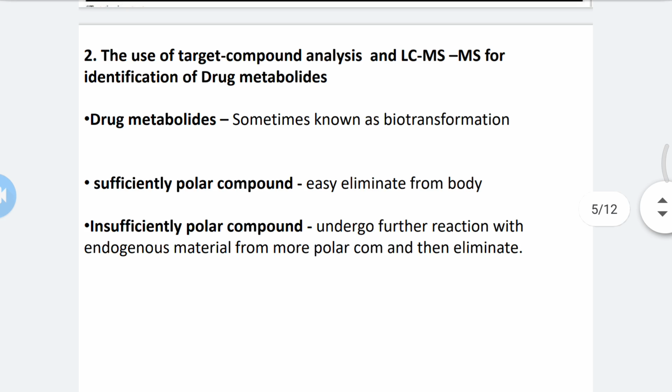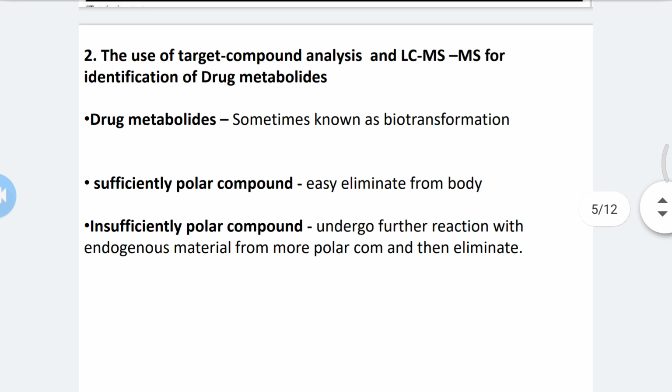But an insufficiently polar compound, meaning a less polar compound, undergoes further reaction with endogenous material to form a more polar compound, and then these are eliminated.